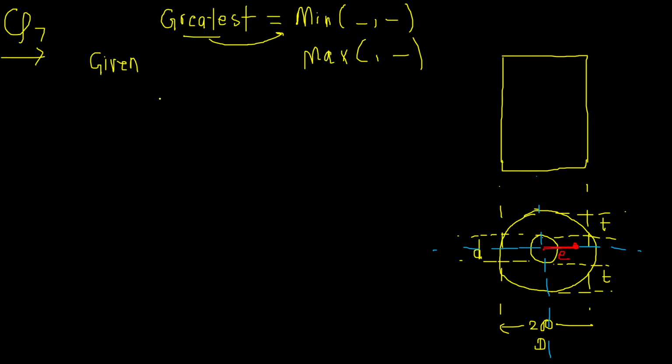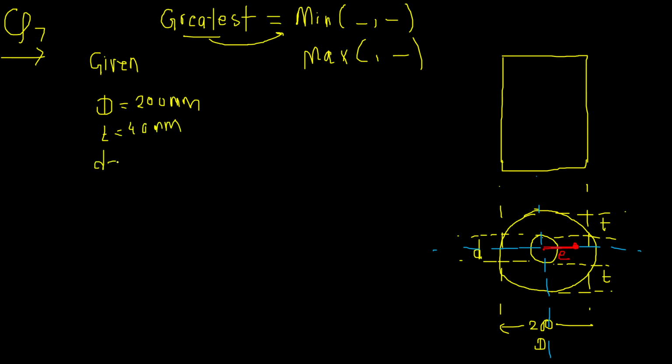So given things are, external diameter is given. External diameter दिलेला आहे किती आहे, 200 mm. Thickness is given. Thickness is 40 mm.